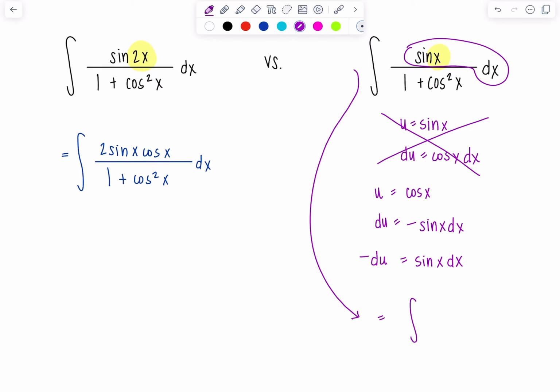Let's put that negative outside, du in the numerator, and then instead of 1 plus cosine squared x in the denominator, we're going to have 1 plus u squared. Do you see it? So cosine of x is u, so now I have u squared down there.